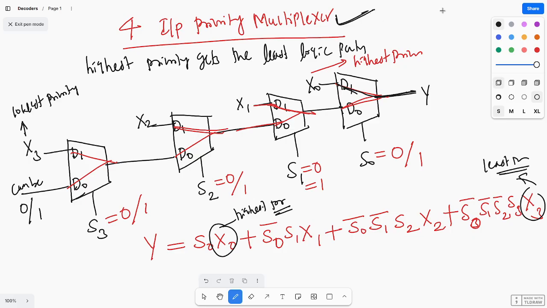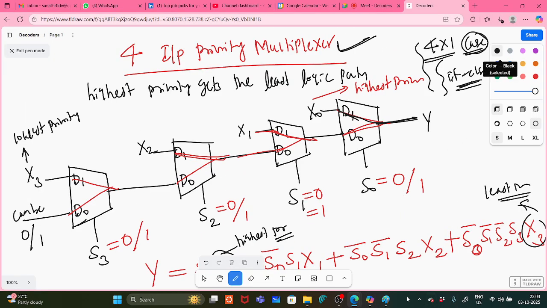In Verilog, for a 4 cross 1 mux in behavioral modeling, when you use a case statement you get the normal circuit diagram, and when you use an if else statement you get this priority mux. We will see that when we discuss the multiplexer program. So this is about the priority multiplexer.